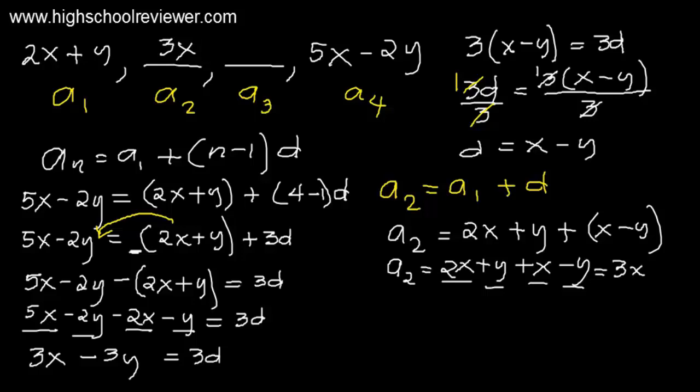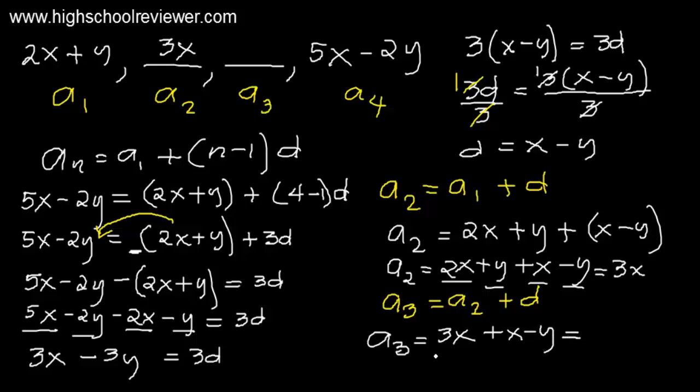And then to find A sub 3, we will just add A sub 2 and D. So A sub 3 will be equal to A sub 2 plus D. So our A sub 3 here will be equal to, our A sub 2 is 3x. So this will be 3x plus x minus y.